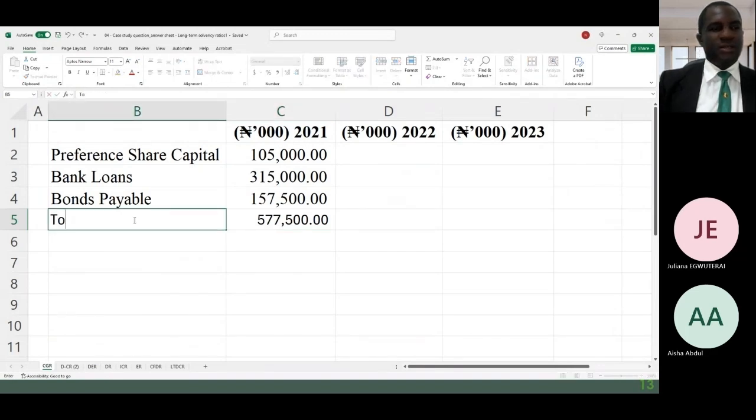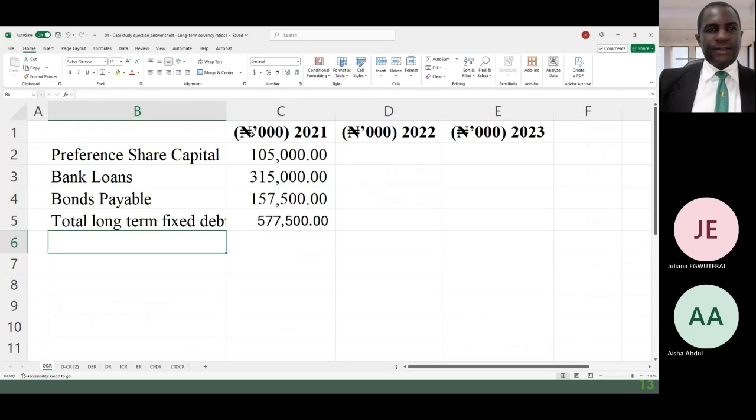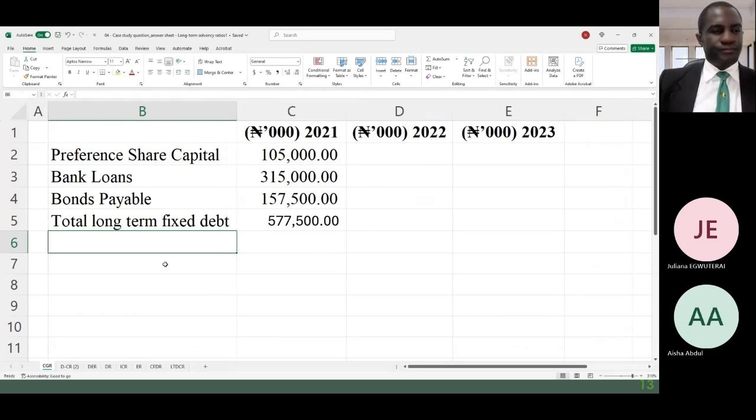So this is our total long-term fixed debt. Sorry, Julie is saying something. I'm just looking at it. That's bonds and, exactly. So the fixed interest debt are preference shares, bank loans, and bonds. So these ones have fixed interest, and that's our numerator.